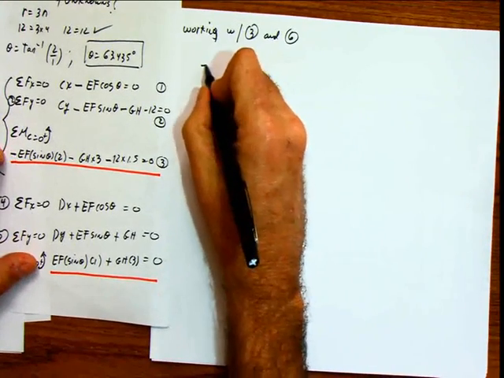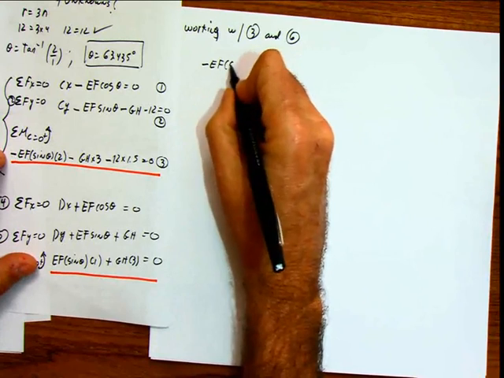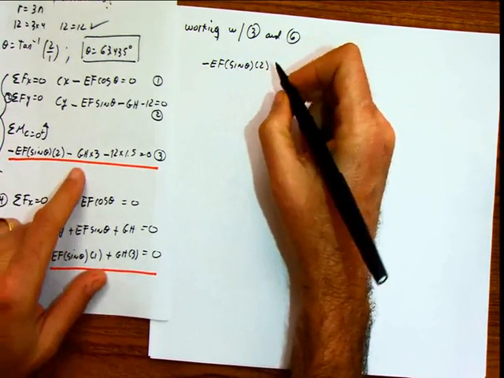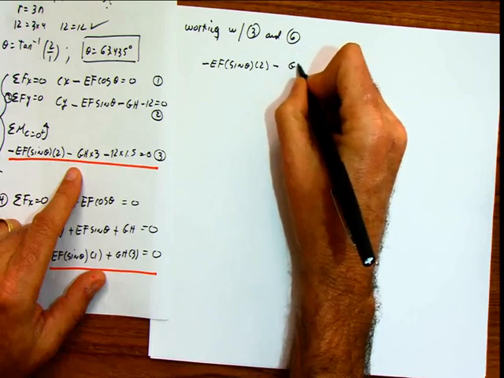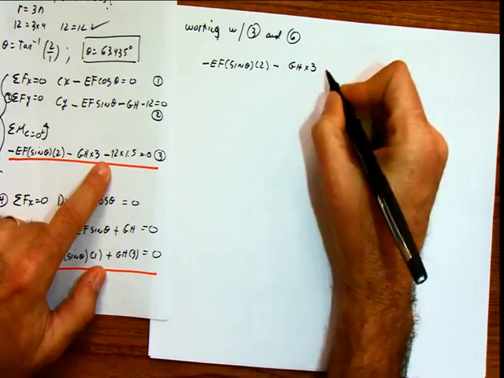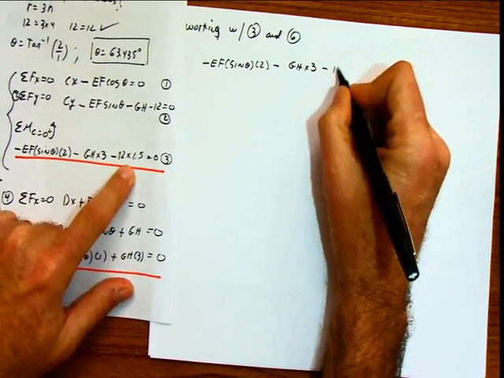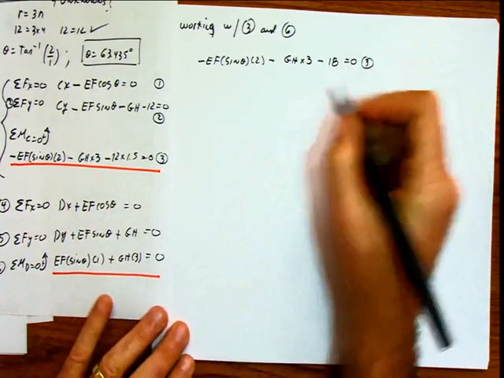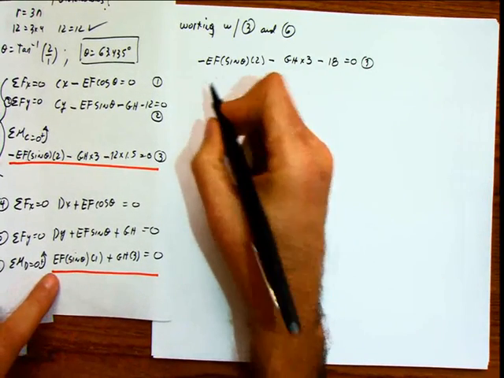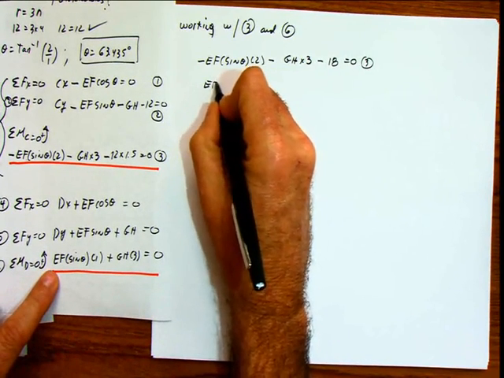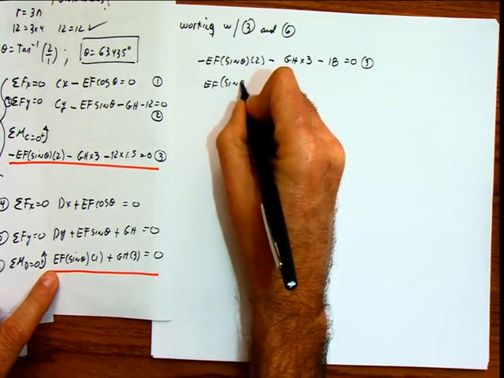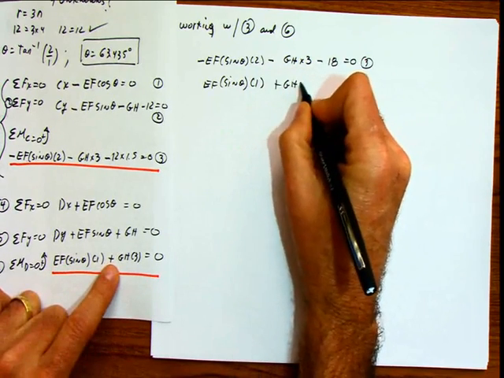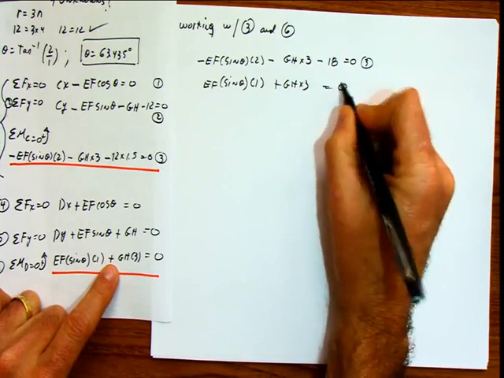It's negative EF sine angle times 2 minus GH times 3 minus, I'm going to multiply this, 18 equals 0. That's equation 3. Equation 6. EF sine of the angle times 1 plus GH times 3 equals 0.